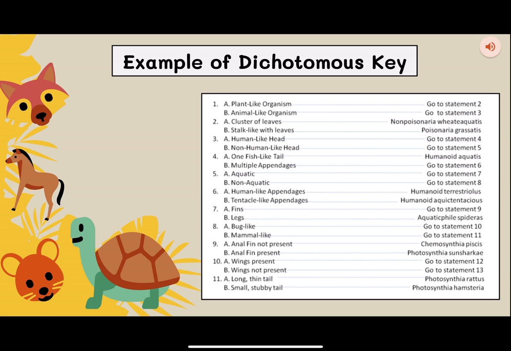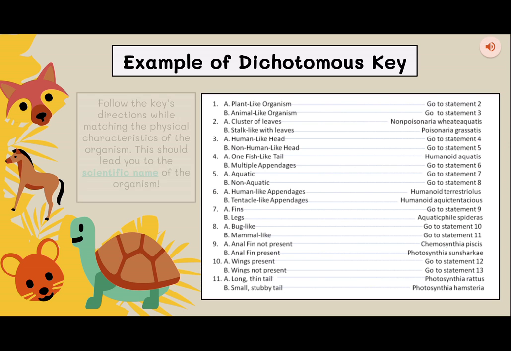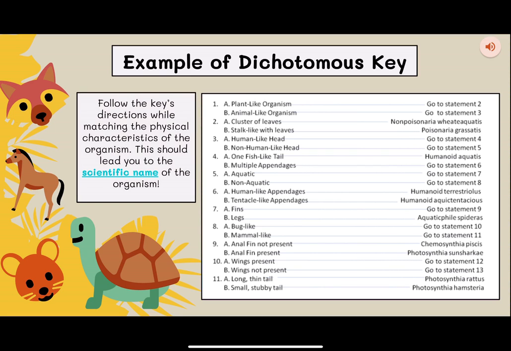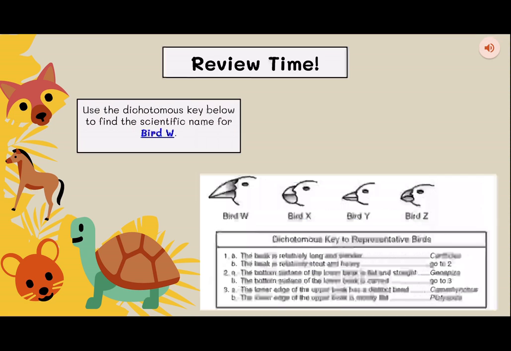Here is an example of a dichotomous key. Follow the key's directions while matching the physical characteristics of the organism. This should lead you to the scientific name of the organism. Now, let's review what you learned about dichotomous keys.